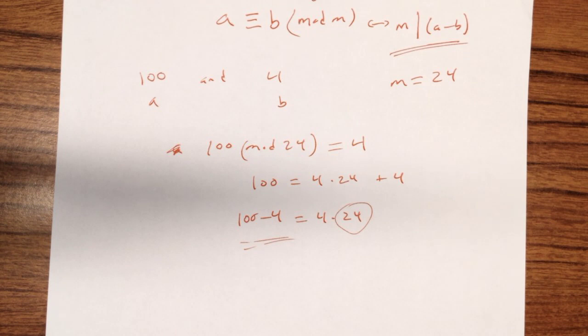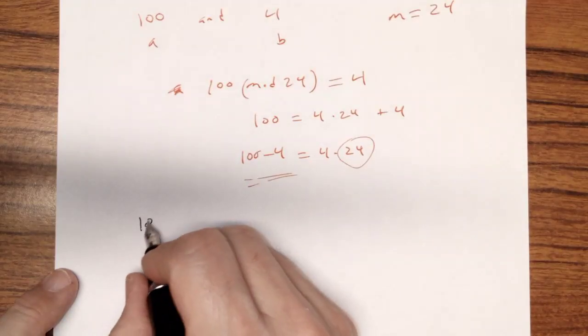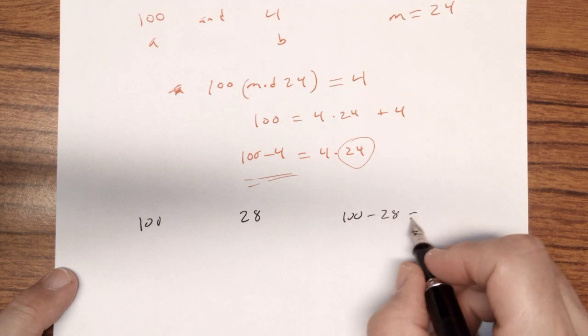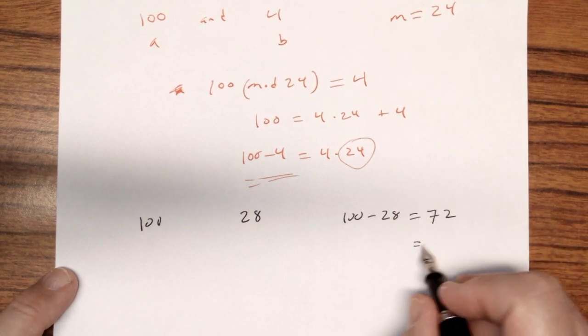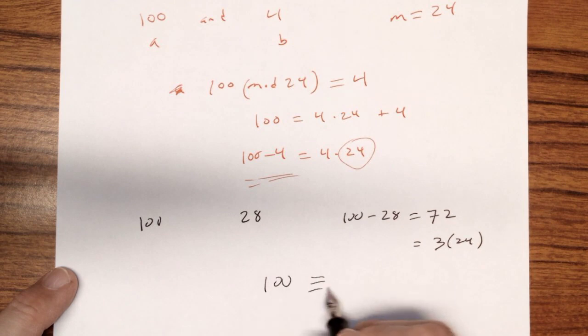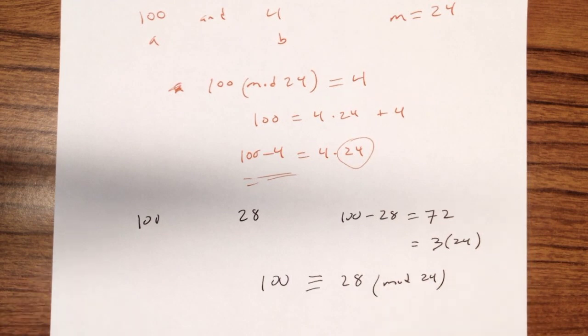It turns out, by the way, that you don't actually always have to deal with those two numbers directly. I could think of 128, because 100 minus 28 is 72, which is 3 times 24. So 100 is congruent to 28 mod 24.